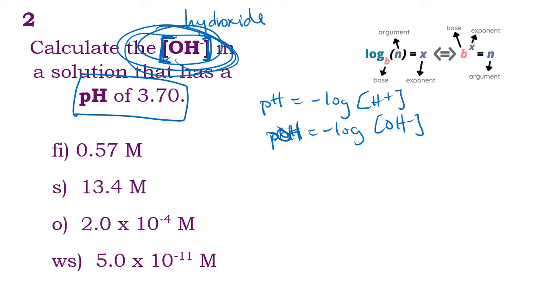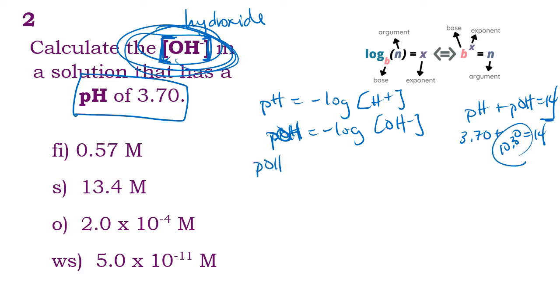Remember that pH plus pOH equals 14. So if my pH is 3.70, then my pOH has to be 14 minus 3.70, which is going to be 10.30. Good? Good. So this is my pOH. So pOH is going to be 10.3.